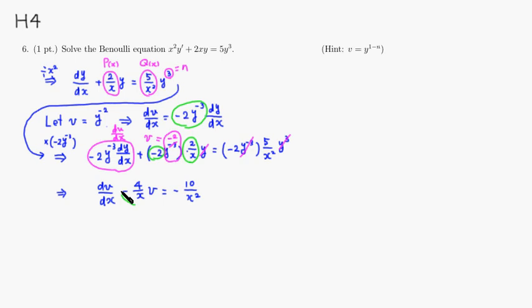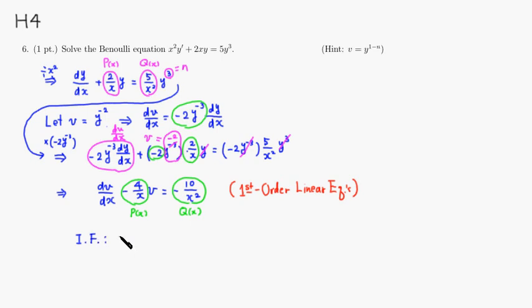If you look at this as your new p of x, and here as our new q of x, this is a first order linear equation, which means that you can use the integrating factor.